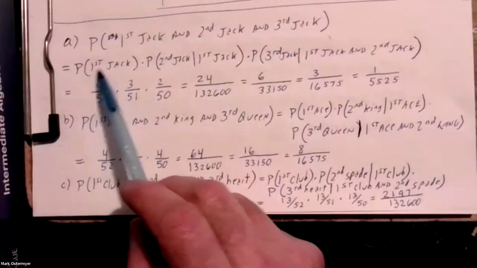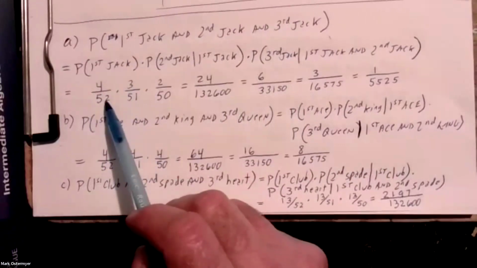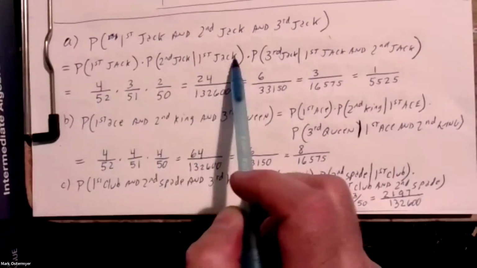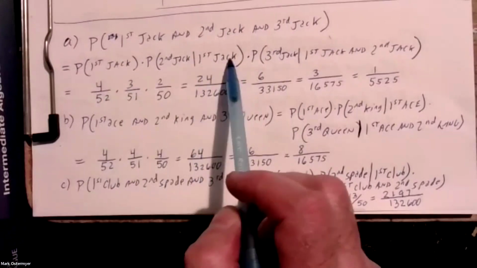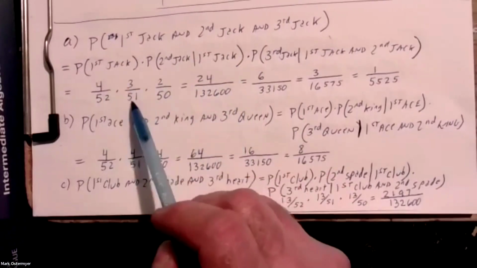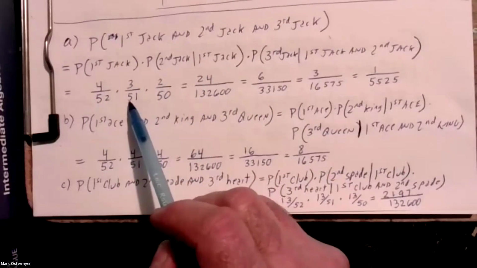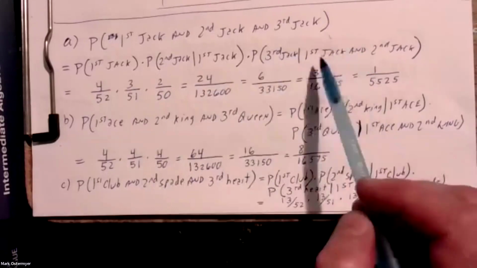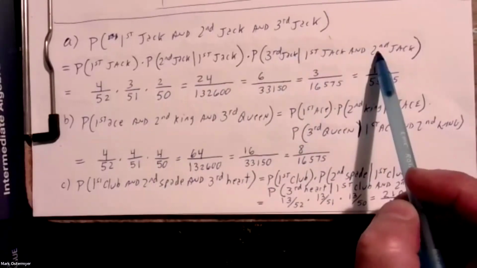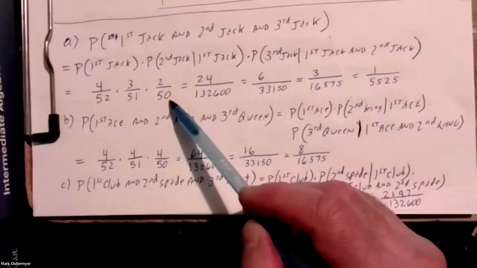Well, that's going to be equal to the probability the first selection is a jack, which is 4/52, times, given the first selection is a jack and we keep it out of the deck, we do not replace it back into the deck, how many jacks remain? 3/51 cards left. That's the probability of selecting a jack on the second draw. Times, given that the first card is a jack and the second card is a jack, and we keep them out of the deck, now our deck's been reduced down to 50 cards.